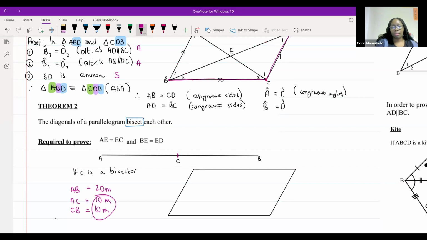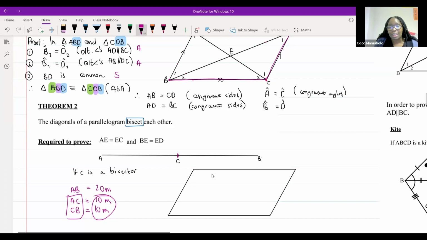When added, they give you 20. They give us 20, but that also means that they are both what? Equal to each other. Yes, absolutely. Does everybody understand what ma'am's saying?